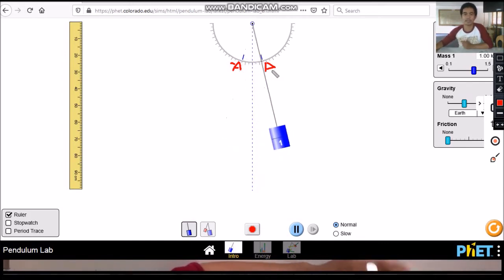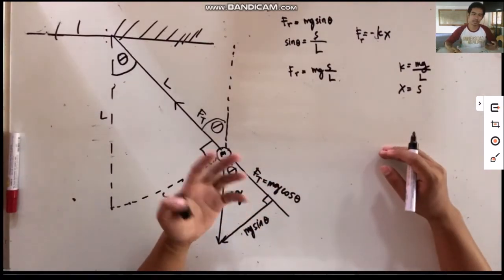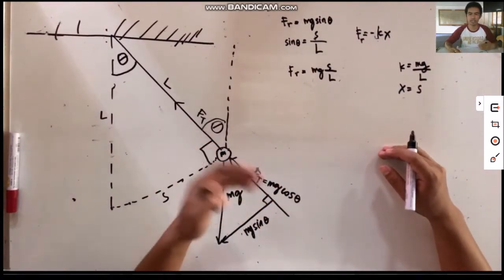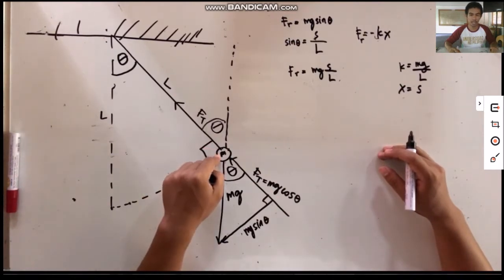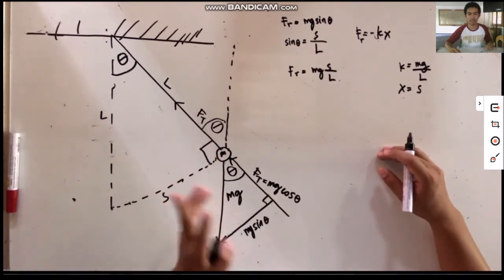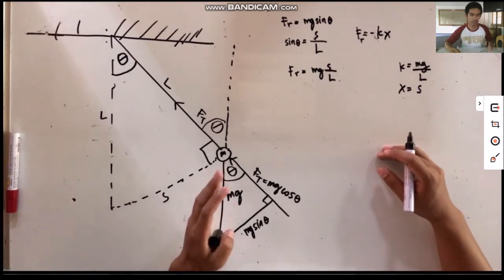If you can still remember, the period is the amount of time to move from A to negative A, then back to A. Now, if there is a period, then there is frequency. An object that is moving in simple harmonic motion must have a frequency and an angular frequency. So if this pendulum moves in simple harmonic motion, then there is frequency.